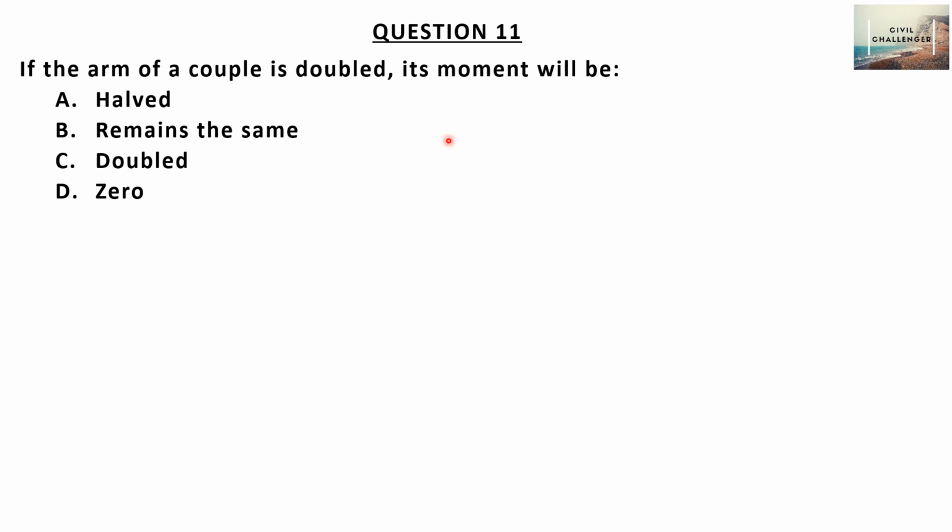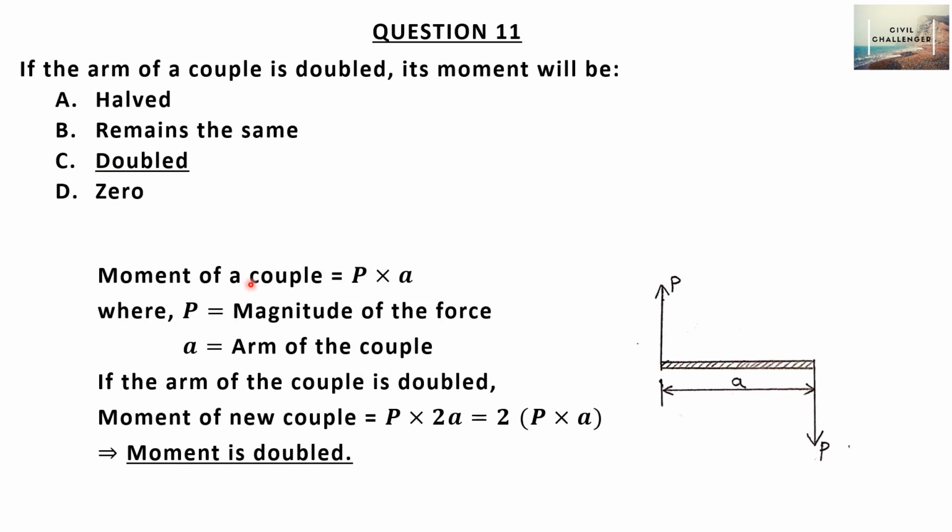The next question is, if the arm of a couple is doubled, its moment will be option A, half, option B, remains the same, option C, doubled, option D, 0. Now we have already seen that the moment of a couple is equal to P into A, where P is the magnitude of either of the forces and A is the arm of the couple.